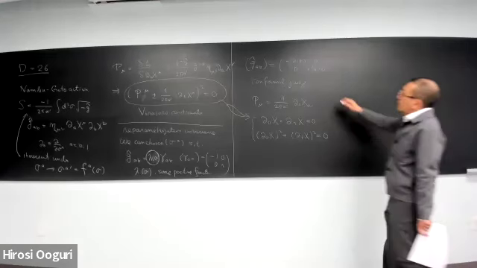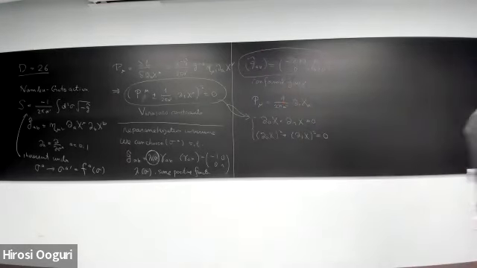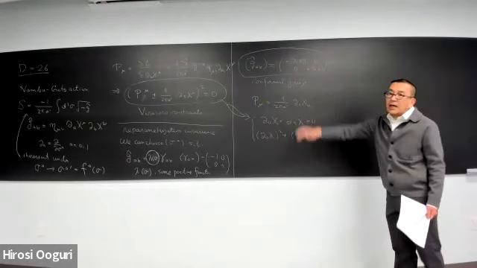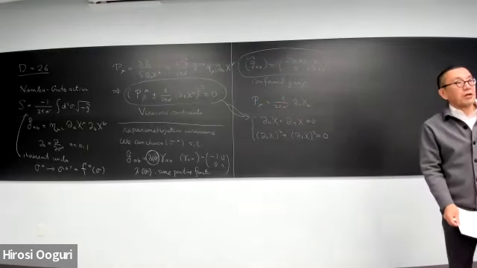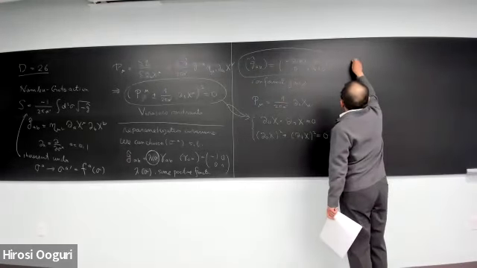Now we have fixed the gauge, but as is often the case, you might have seen it in quantum electrodynamics or Maxwell theory, that even if you fix a gauge, sometimes you have a residual gauge symmetry.